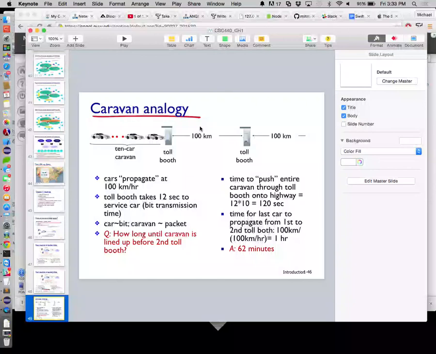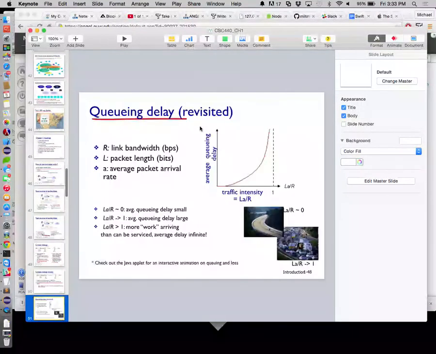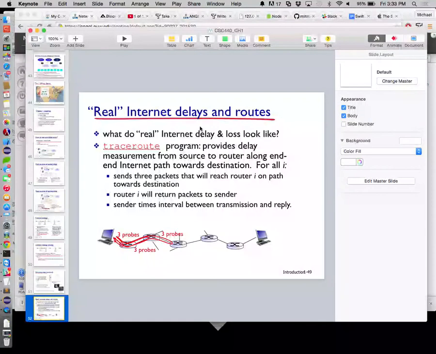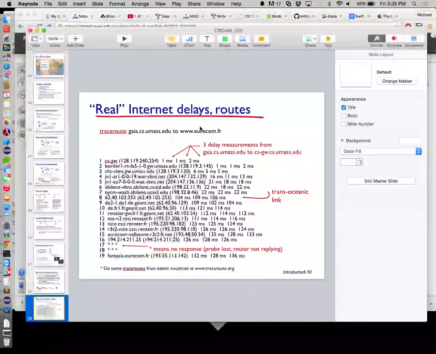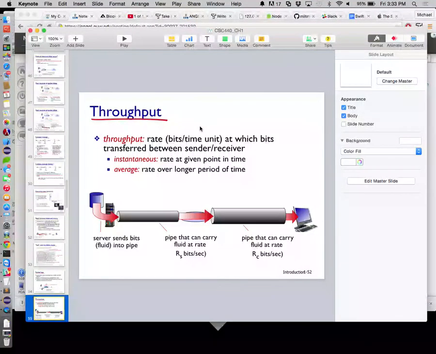I'm not going to ask you anything about packet delay. Queuing delay, no, stupid. That was more midtermy when it was fresh in our mind. Packet loss, throughput.